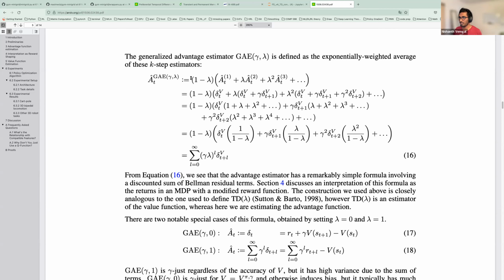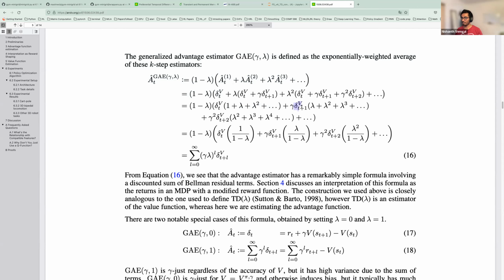Essentially, what this paper does is introduce this generalized advantage estimate, which is a convex combination of all n-step advantage estimates, which is nothing but a convex combination of TD errors as we've seen in lambda returns. So here we can group the lambdas together, the one-step TD errors together, and then compute the coefficient that they have.